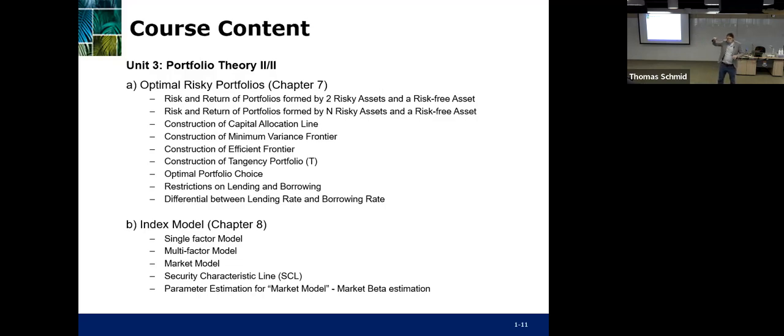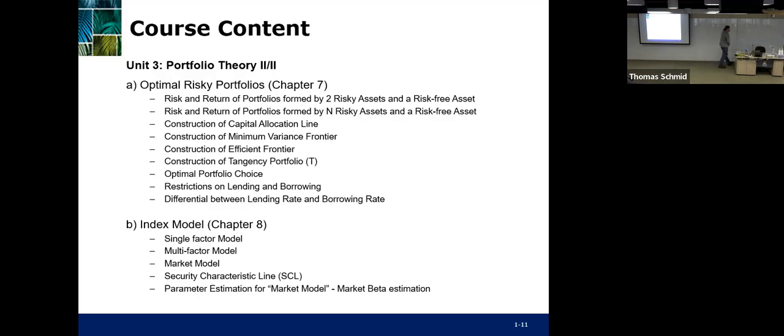And this one risky portfolio will be the optimal choice for all investors, for you and for your grandparents. The difference between you and your grandparents is that you would invest a lot of your money in that risky portfolio and only a tiny bit in the risk-free asset, and your grandparents would invest a lot in the risk-free asset and only a tiny bit in this optimal risky portfolio. Okay? But the risky portfolio, according to portfolio theory, would be the same.